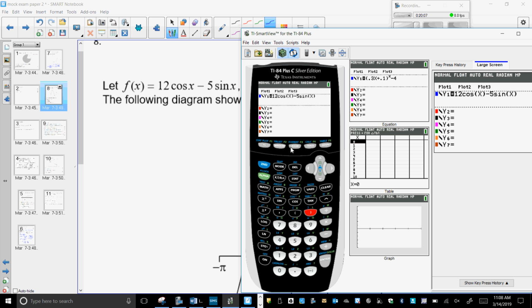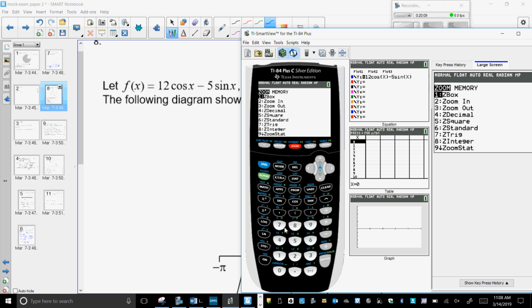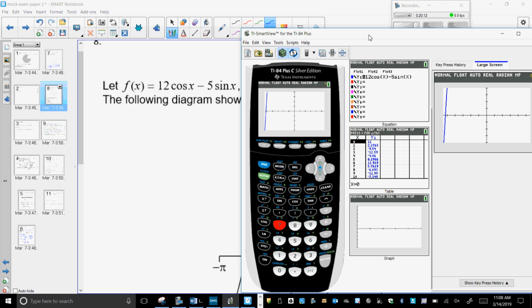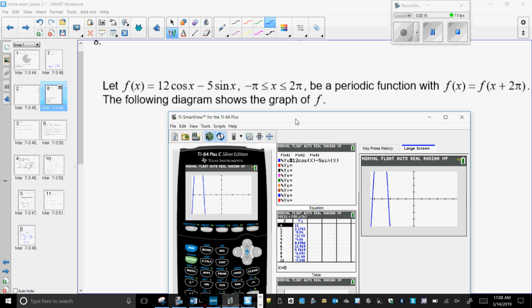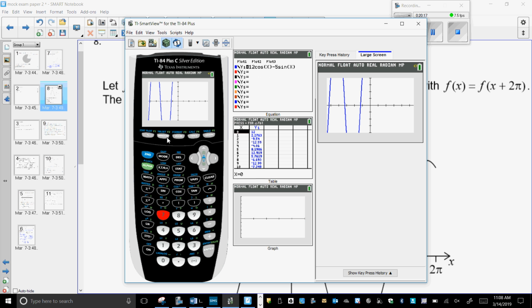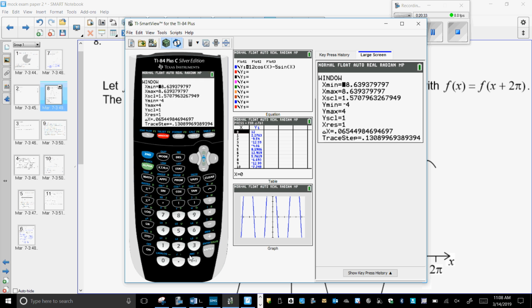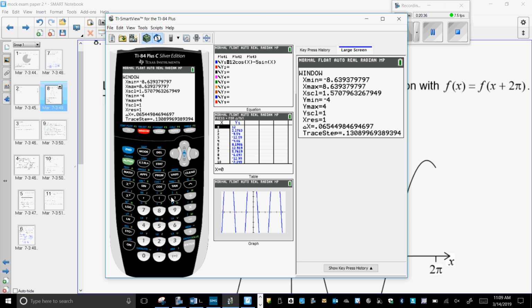Okay, we want trig graph 7. And we're in, so check our window. What's the point? So check our window. So we're going from minus pi to 2 pi.